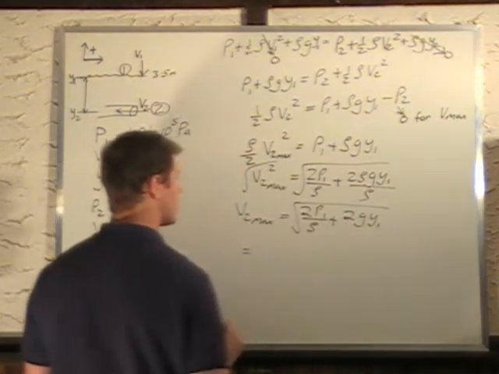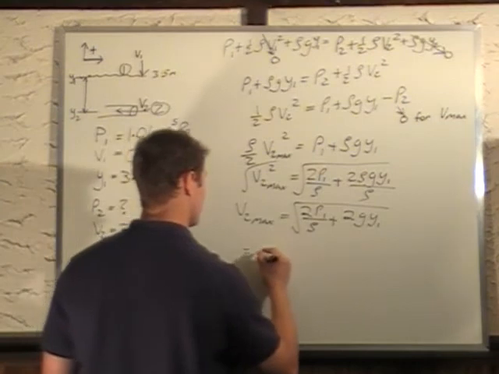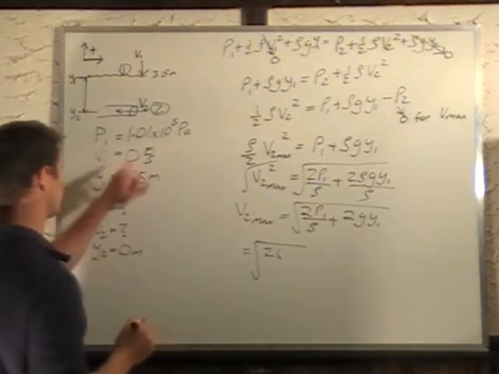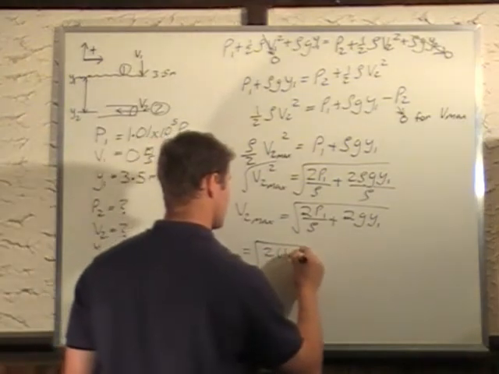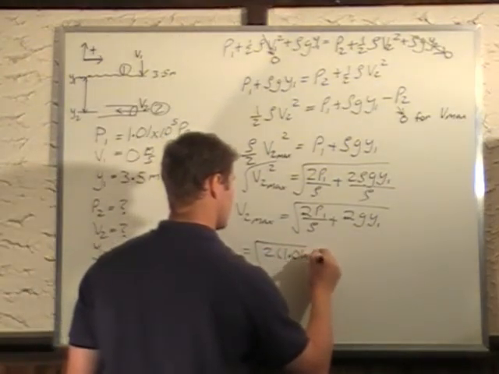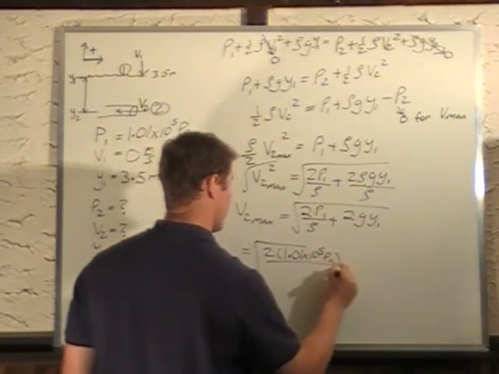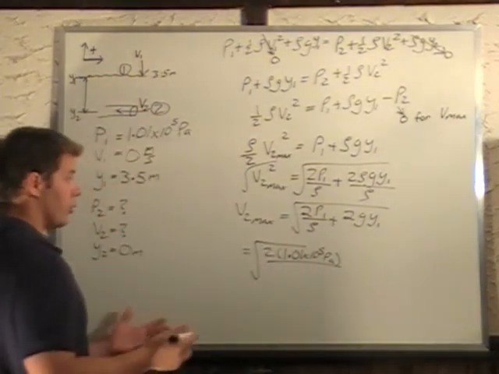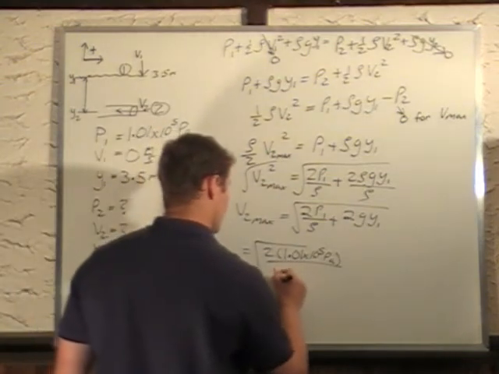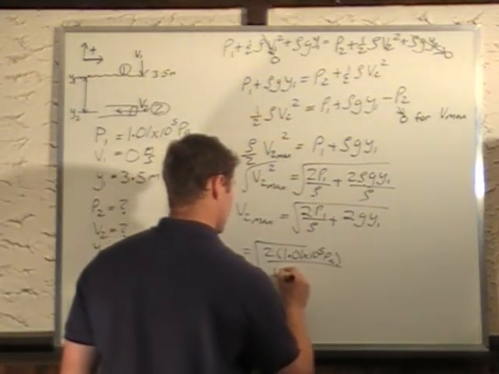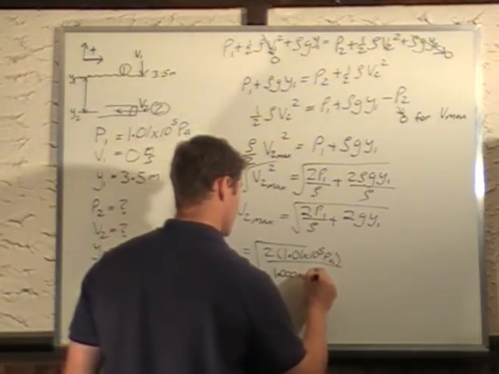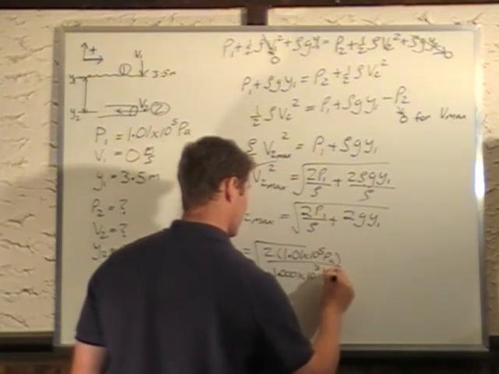So let's toss in the numbers here. We have the square root of 2 times pressure 1, which is 1.01 times 10 to the 5 pascals, divided by rho. Rho is just for water, which is 1.000 times 10 to the 3 kilograms per cubic meter.